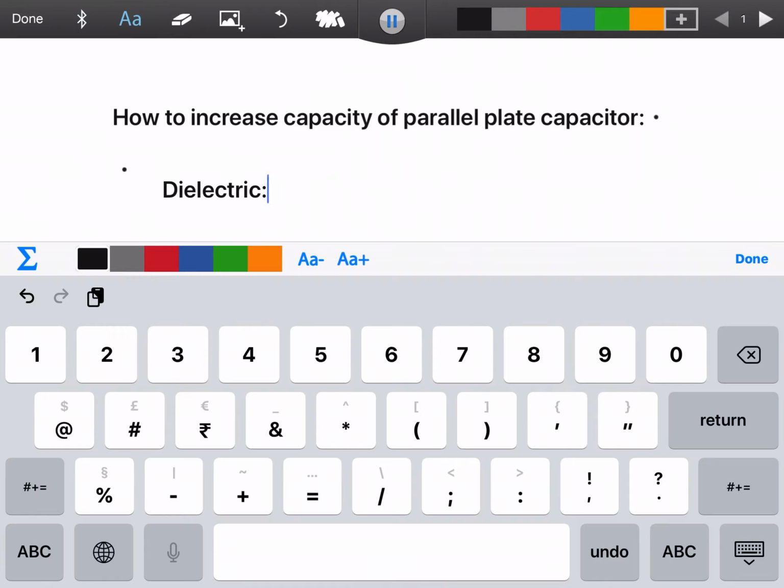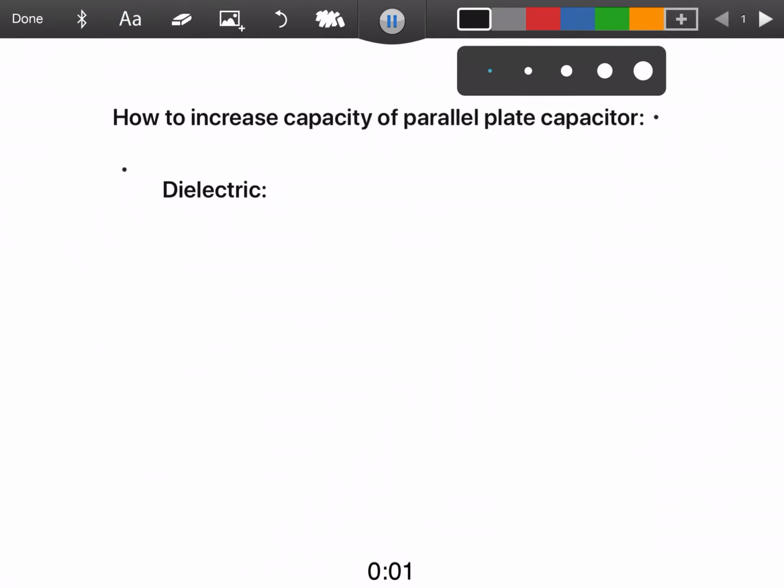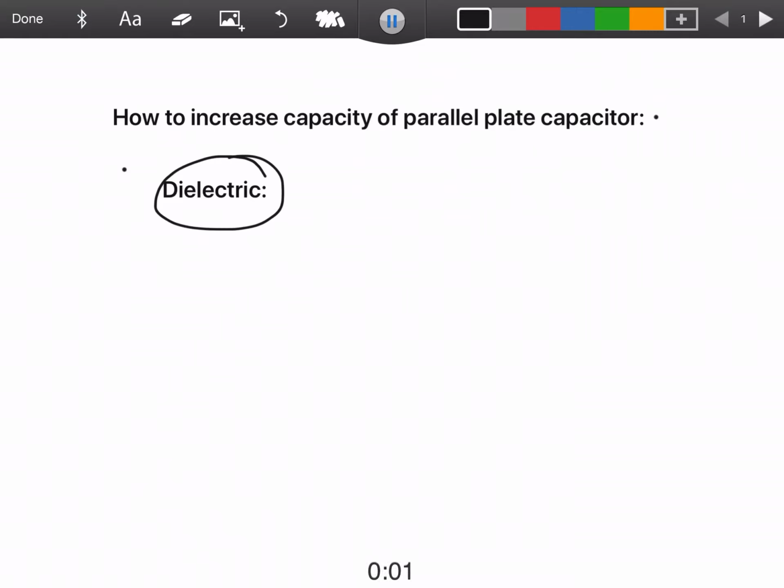So we will be studying how we can use these dielectrics to increase the capacity of parallel plate capacitors. So firstly, we will be understanding the electric fields produced in these dielectrics.